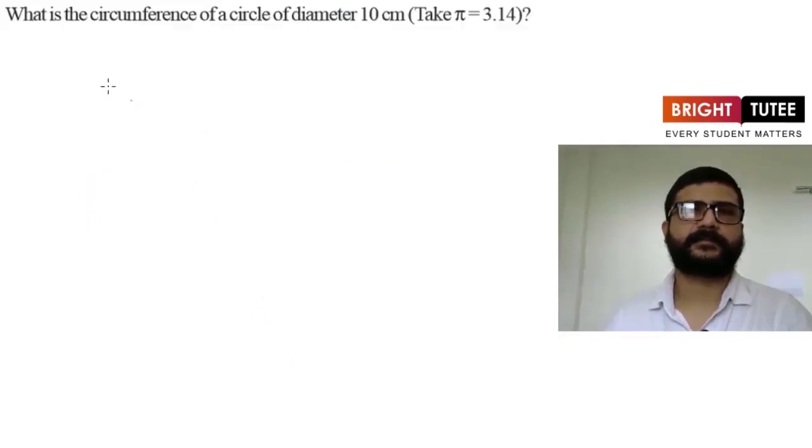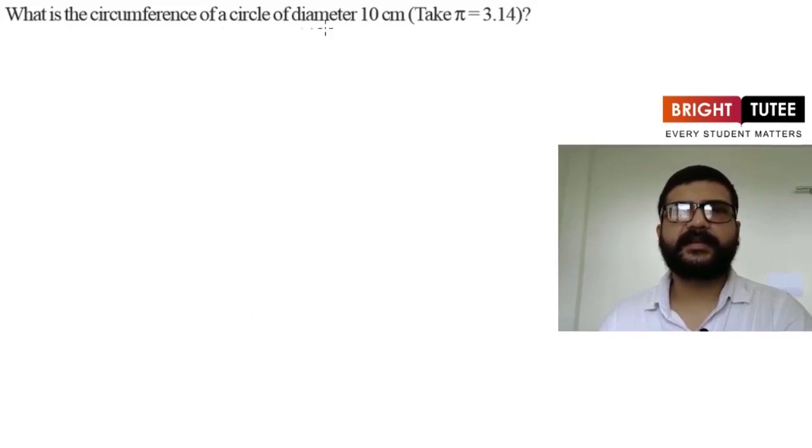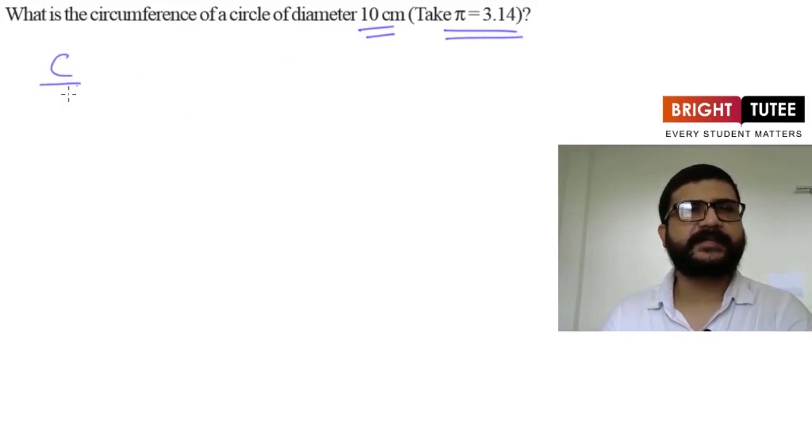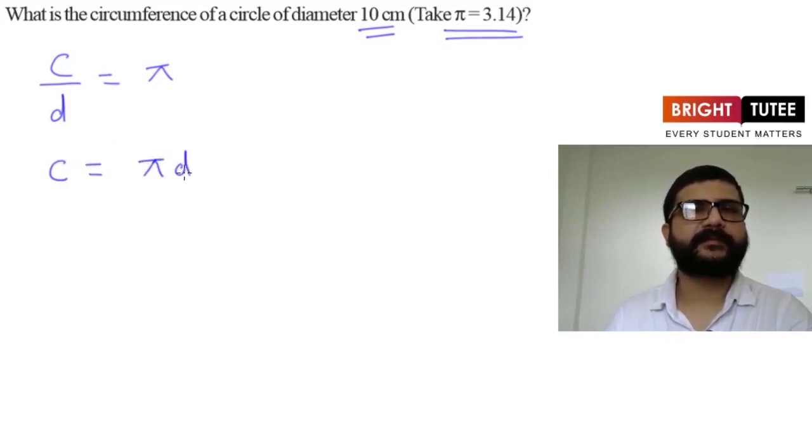Now the next question is, what is the circumference of a circle of diameter 10 centimeters, and here it is given we have to take pi as 3.14. Now, do you remember how to find circumference? Yes. We have seen that the ratio of circumference to diameter is equal to pi. So, therefore, we can say circumference will be equal to pi into d.